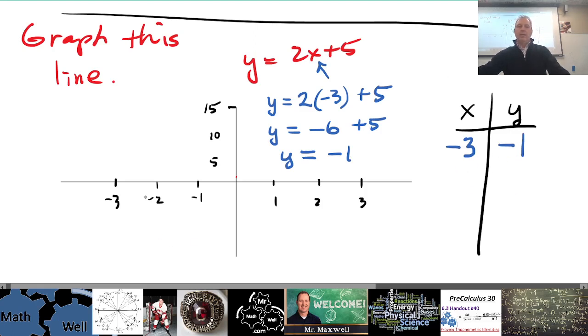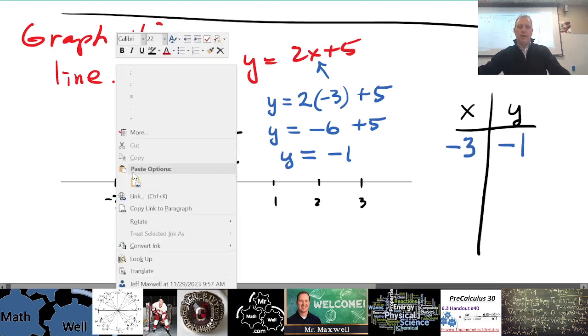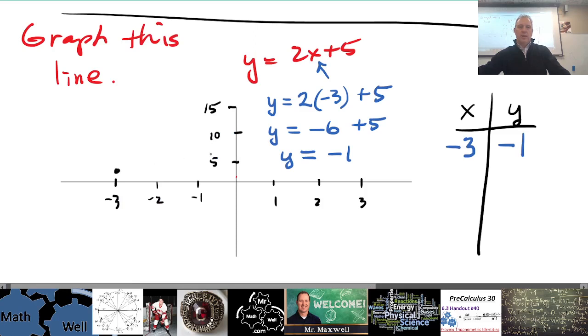So that point is -3. I go -3 in the x direction, and I go up 1 unit. Sorry, down 1 unit. Where's my 5? I'm working on the scale here. You're right, I got to go down.